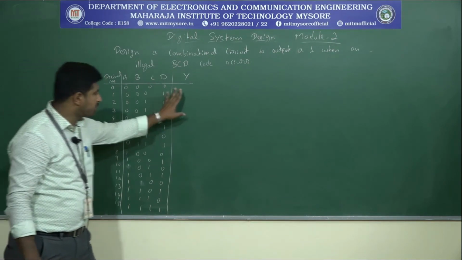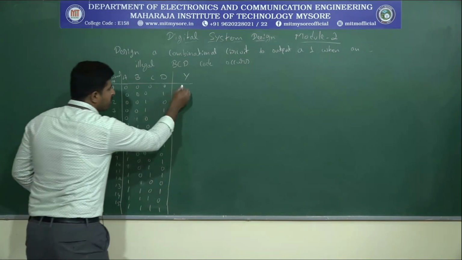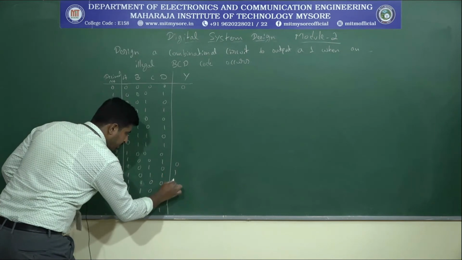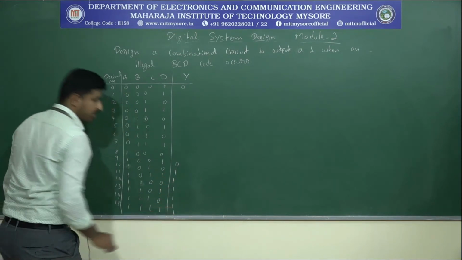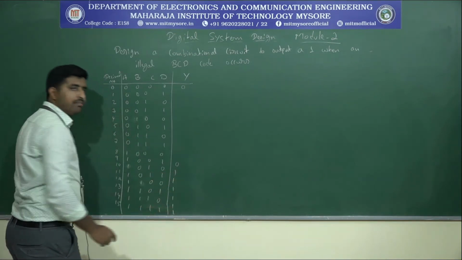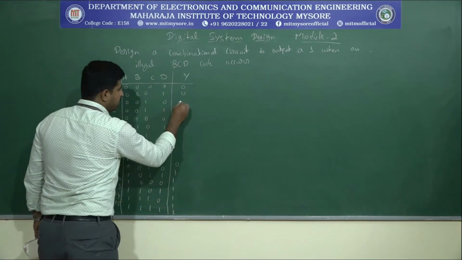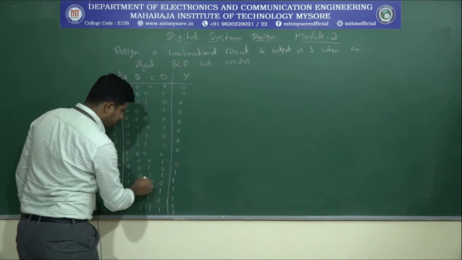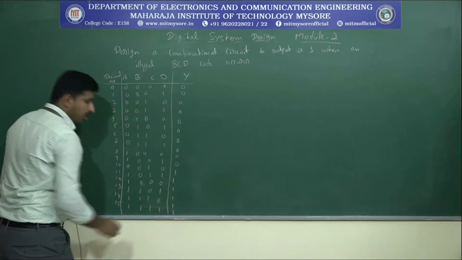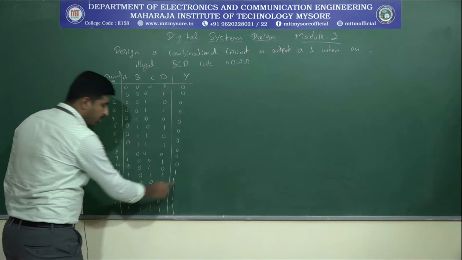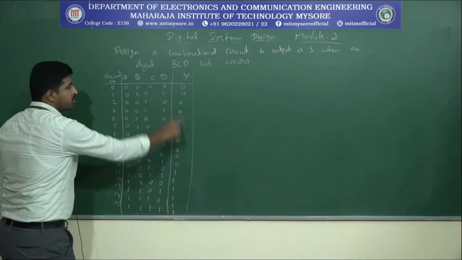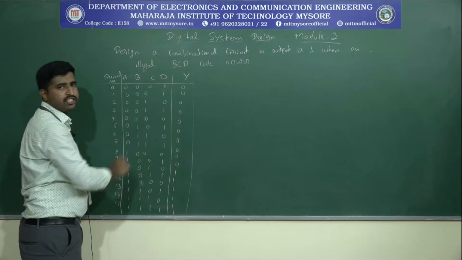So the circuit output will be 0 for values up to 9, and the remaining outputs will be 1 because these are the non-BCD values. Whichever inputs are non-BCD values, the output will be 1. Now we need to design a circuit that operates for this function.